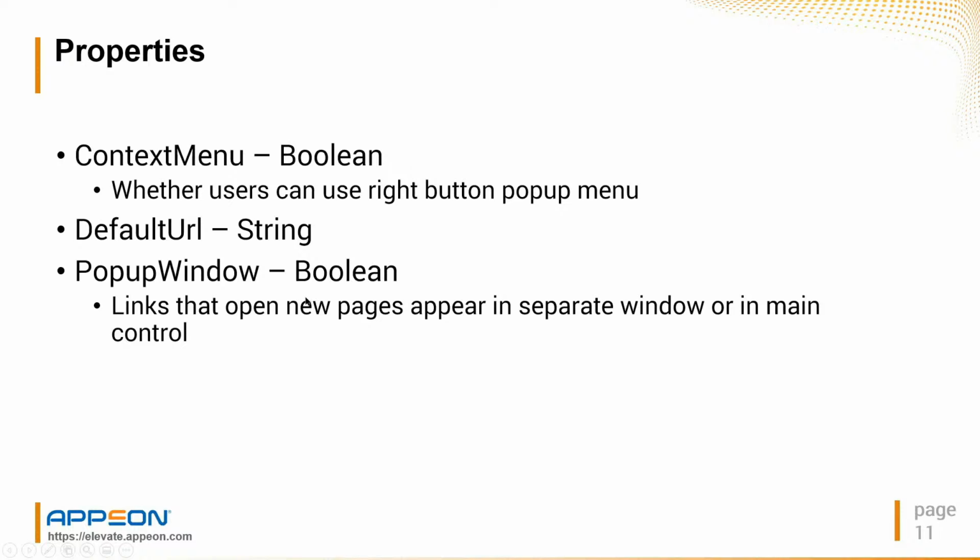If it's set to false, because the web browser only shows one page, if you click on a new link, it's going to replace the current page with the new page. If you've got this set to true, it will actually pop open a window outside of your application that has the new page in it.